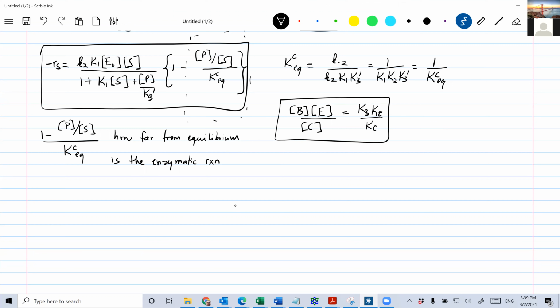Now I wanted to clarify something. K1 here is the equilibrium constant for the formation of the enzyme substrate complex.